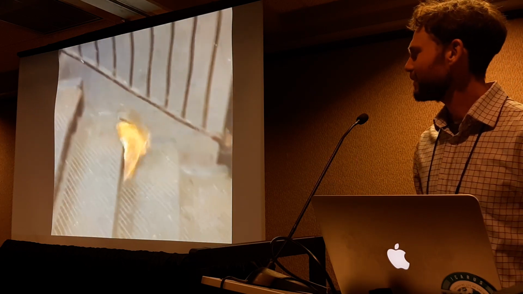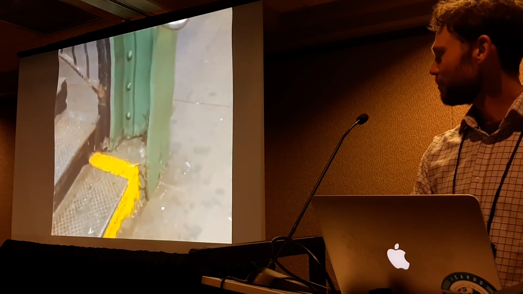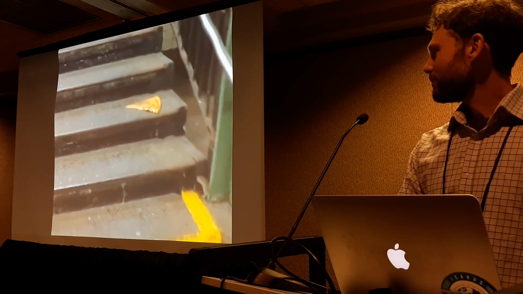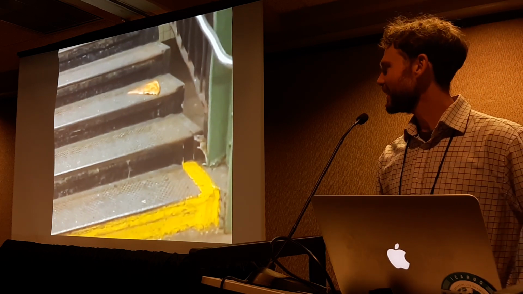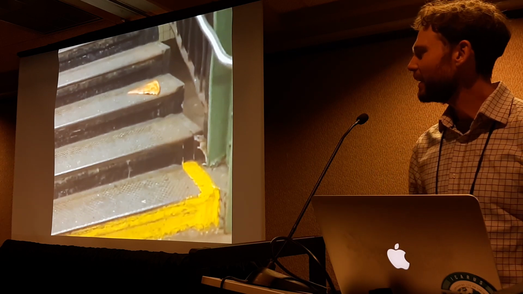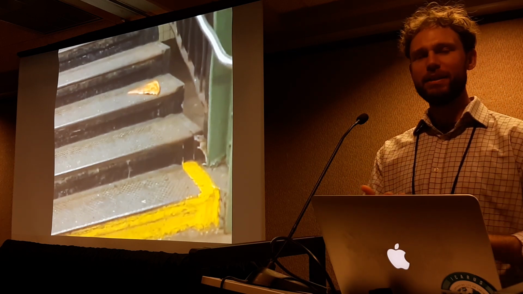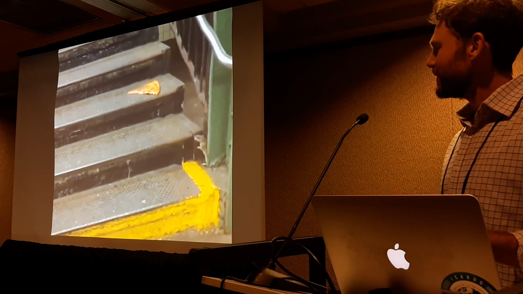Yeah, this is a rat who found a very good find, this giant piece of pizza. But you see at the end, the rat drops the piece of pizza, and it's standing there at the bottom looking back, and it's making the decision: should I go back for this piece of food? This is a very good piece of food. Or is this risky?